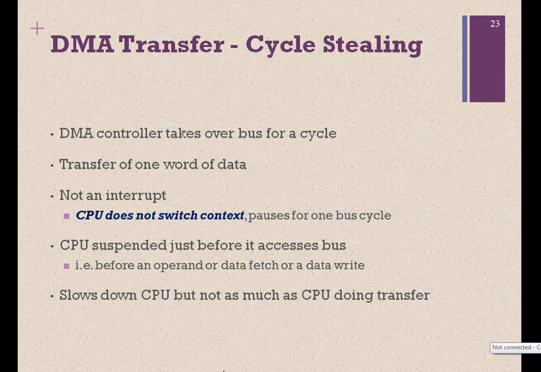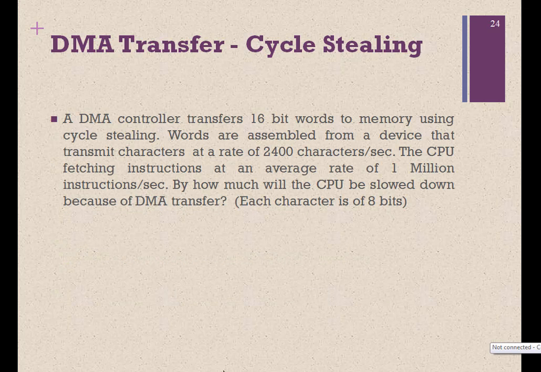DMA transfer cycle stealing. How? The DMA controller takes over the bus for a cycle. It transfers one word of data, with no interruption. The CPU doesn't switch contexts; it just pauses for one bus cycle, suspended just before it accesses the bus. Example: a DMA controller transfers 16-bit words to memory using cycle stealing.